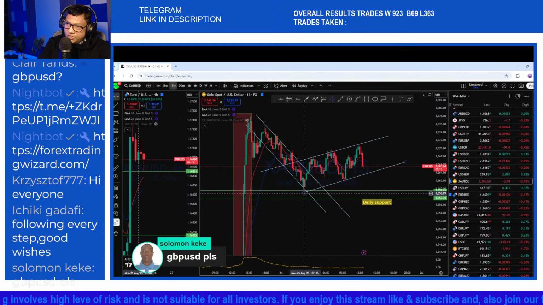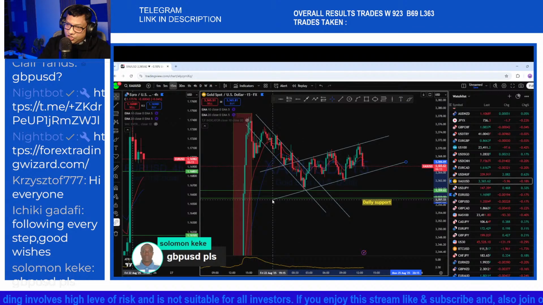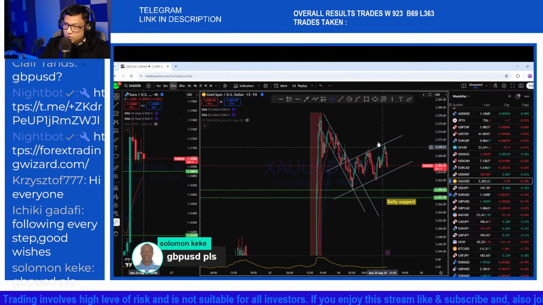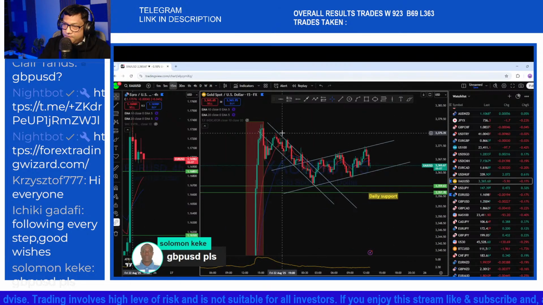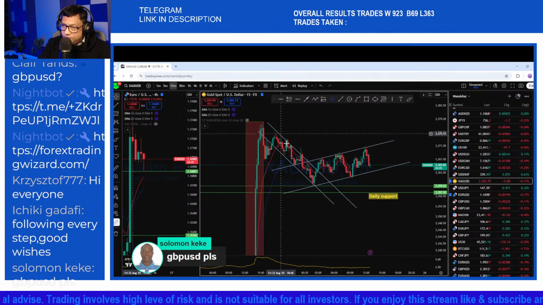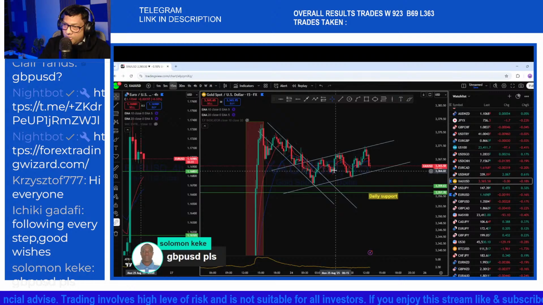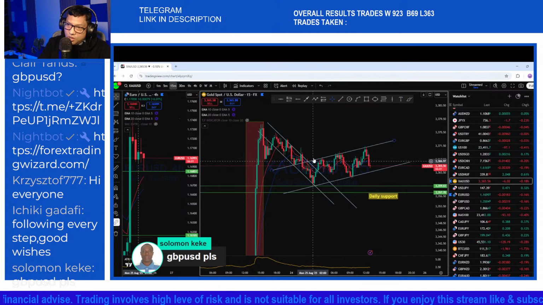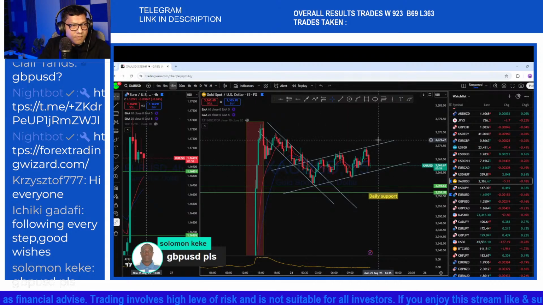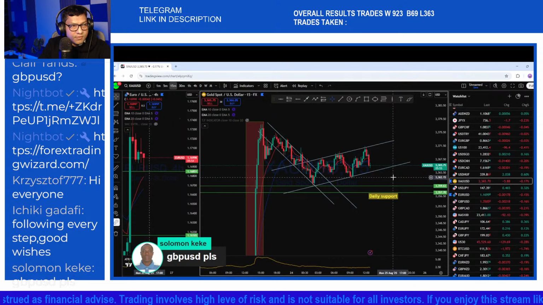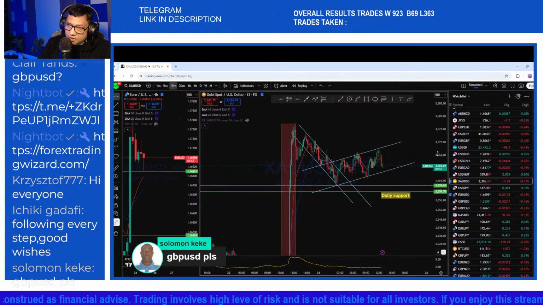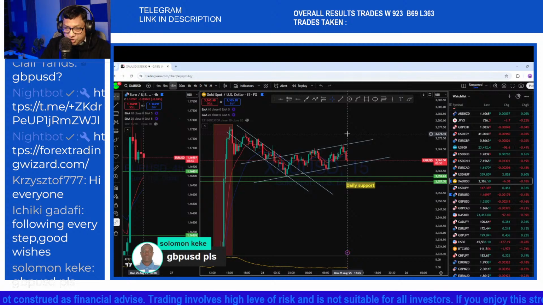So there is a strange relationship between these two channels. The relationship is that with this channel and with this channel, this one is bullish, right? And if you look at this one, it is bearish. So this market represents potentially bullish market structure.